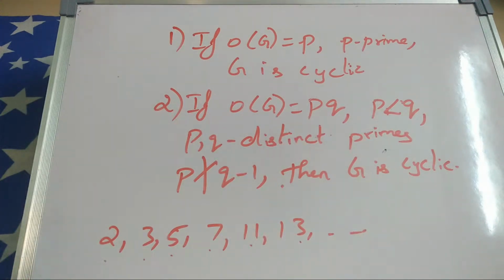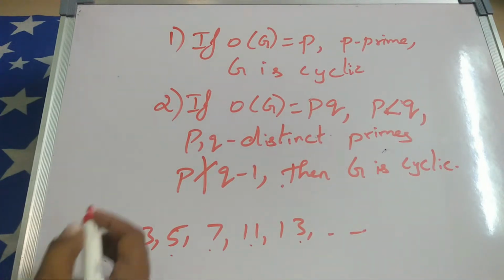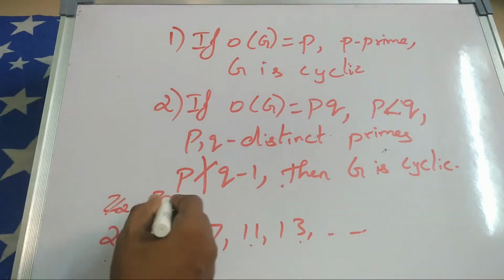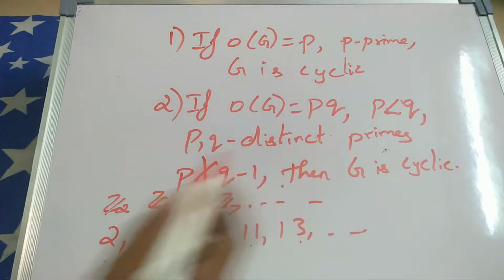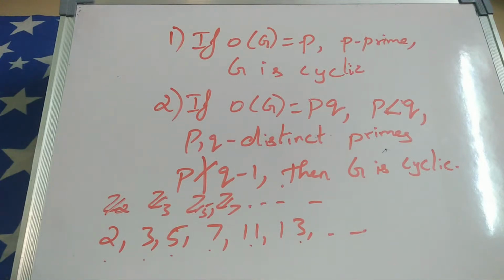So whenever we have such a group, these are nothing but isomorphic to Z2, Z3, Z5, Z7 and so on. So whenever you are given any cyclic group of prime order, you can just consider it to be Zp. As simple as that. Right?